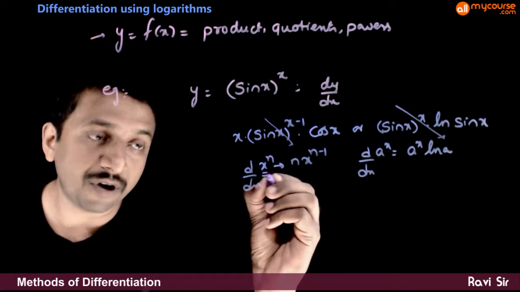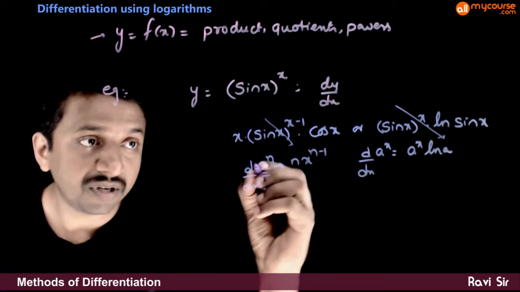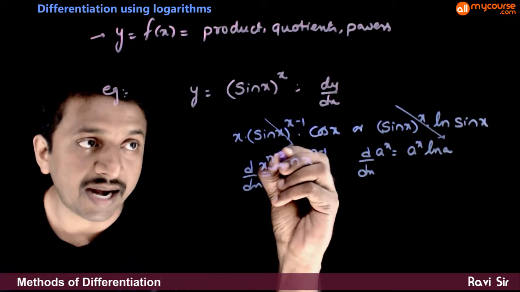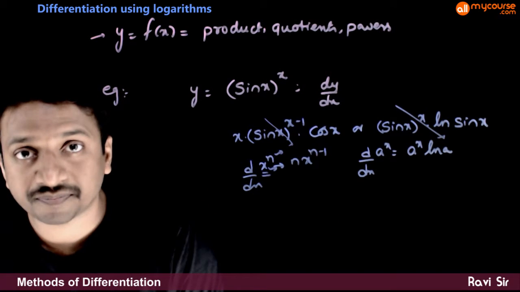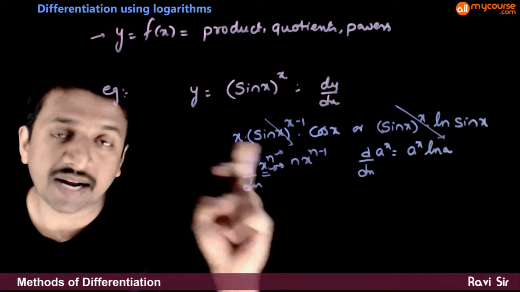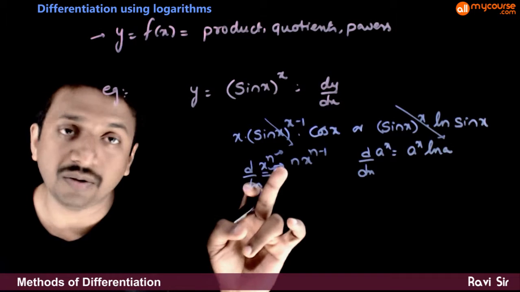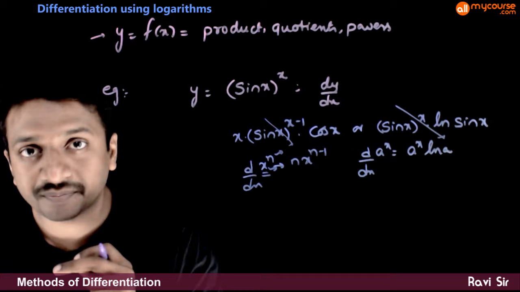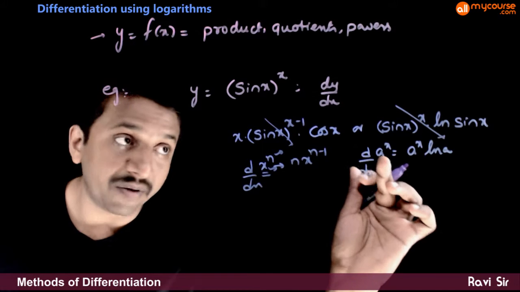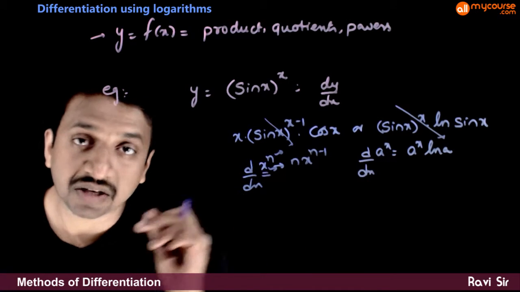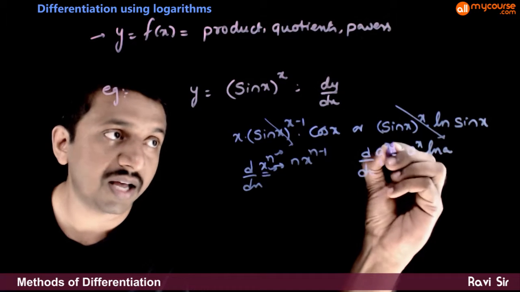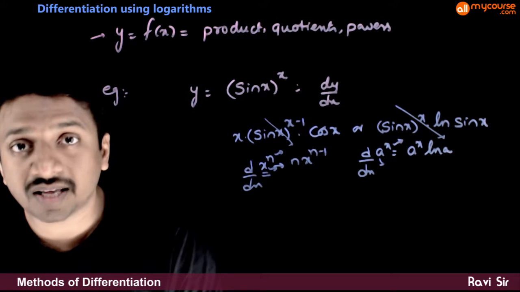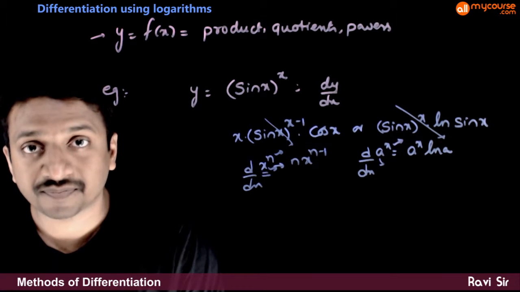The x power n formula can be used if the base is a variable and the exponent is a constant. The a power x exponential differentiation can be used if the base is a constant and the exponent is a variable of x.